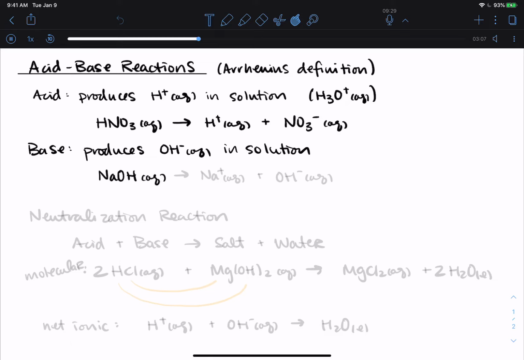So if we have aqueous sodium hydroxide, this will be a sodium 1+ cation and the hydroxide anion in solution. Okay. Now, if you mix an acid and a base with each other, the reaction that happens is something called a neutralization reaction.